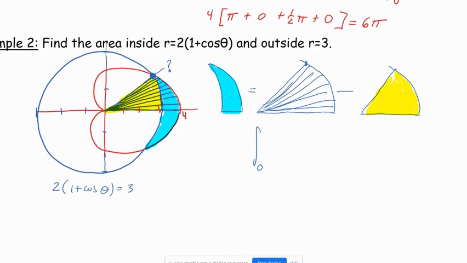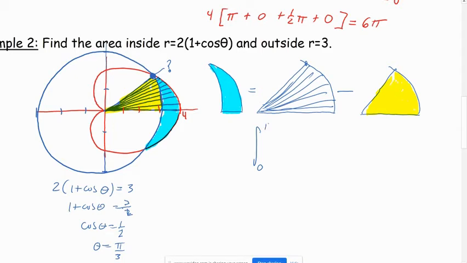If I divide by 2, I get 1 plus cosine theta equals 3 halves. Subtract 1, we get cosine theta equals 1/2. And so that point where they intersect must be at pi over 3, because that's the only time that cosine is equal to 1/2 in the first quadrant.